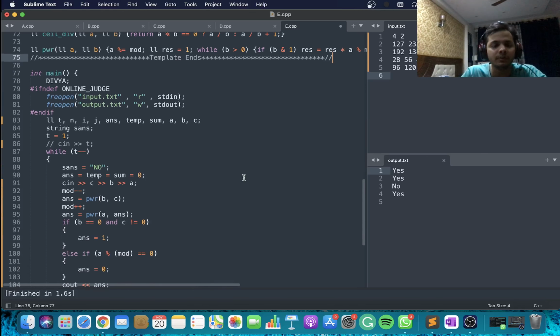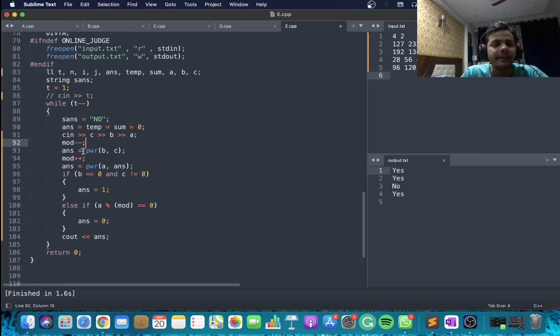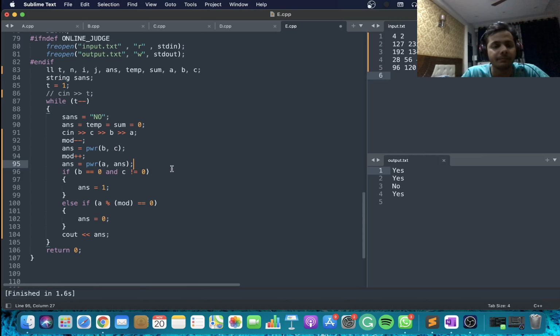It is really useful. So first of all, I'm calculating b raised to the power c modulo mod minus 1. Here mod is just the big prime number which is given to us in the problem. And then I am calculating the power of a raised to my previous answer, which is nothing but r, right?